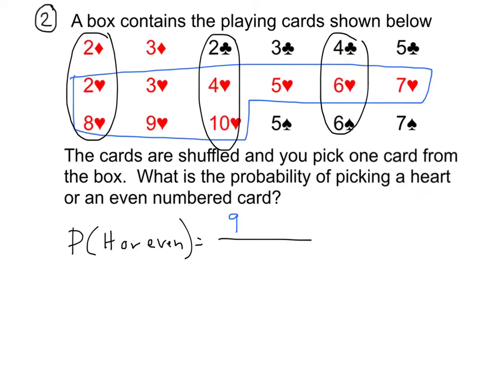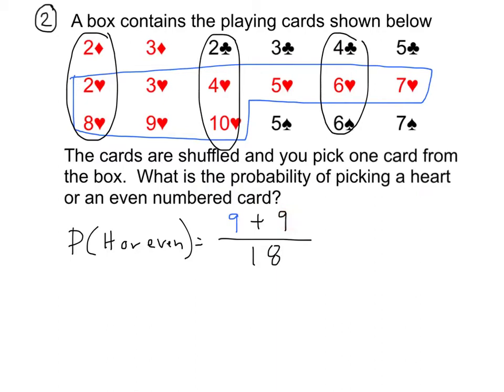So you might think, oh yeah, 9 hearts, 9 evens, so 9 plus 9 out of 18. Wait a minute. That doesn't make any sense. 9 plus 9 is 18. 18 out of 18? I didn't circle 18 things. What's the problem? Yes, it's true that there were 9 hearts. And yes, it's true that there were 9 evens.